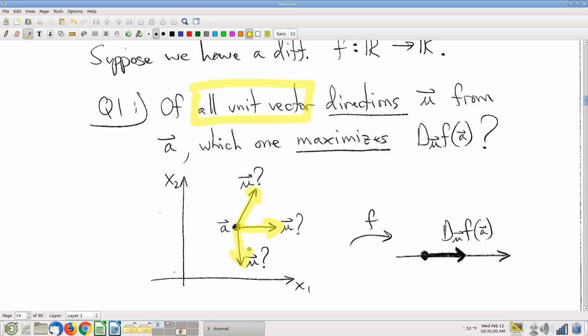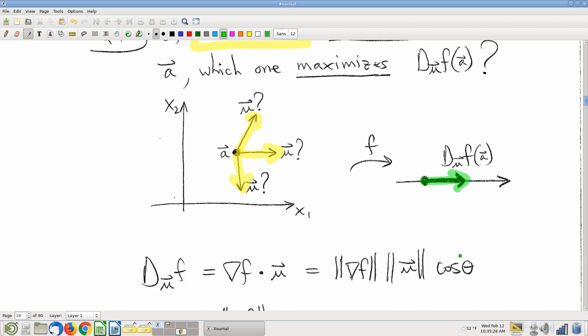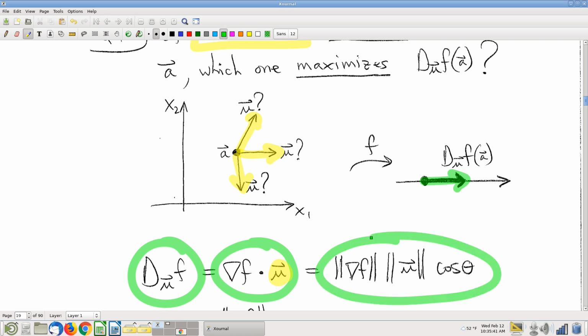Okay. All right. So of all these unit vectors, which one maximizes the directional derivative? Well, easy calculation as it turns out. This directional derivative we compute with a dot product with the gradient vector, right? These unit vectors that I'm looking at will dot with the gradient. Good news, I know how to compute dot products. There's an old formula from chapter 12 for how to compute dot products. Right?